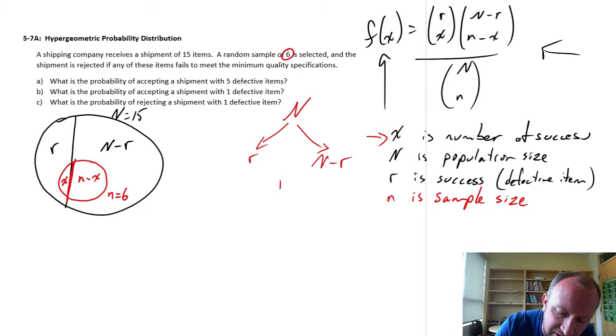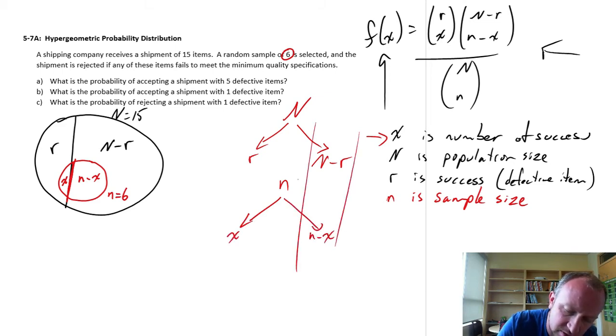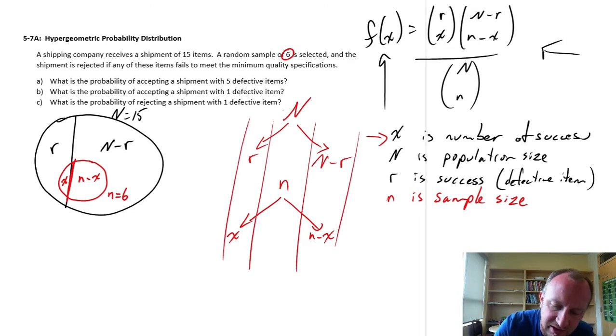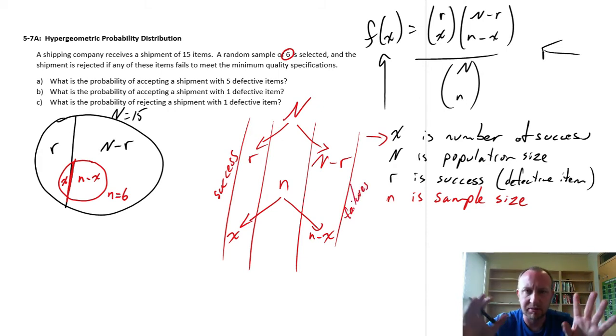And then we have our sample size, and this is divided into successes and failures. So there's the notation that we're going to be using. These are success, either in the population or in the sample, and these are failures, either in the population or in the sample.